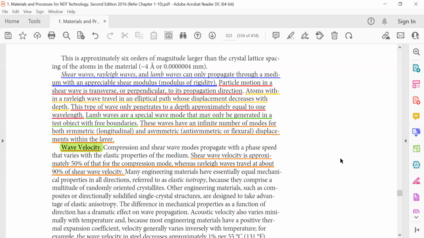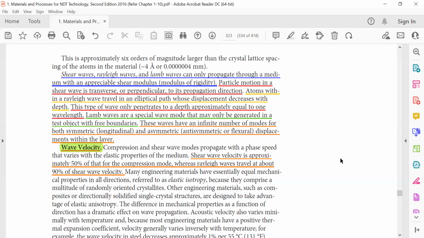Lamb waves are a special wave mode that may only be generated in test objects with free boundaries. These waves have an infinite number of modes, for both symmetrical (longitudinal) and asymmetric or flexural displacement within the layer.